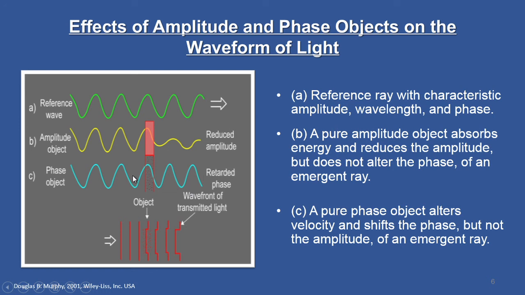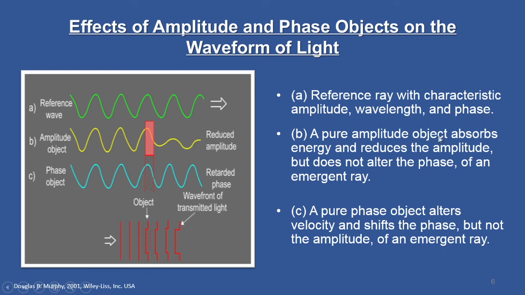So, any material which changes the phase of the wave is called a phase object, and you see that the transmitted wavelet has a change in the phase of this wave which is coming out of this phase object. So, that is what is written here. The reference ray has a characteristic amplitude, wavelength and phase.